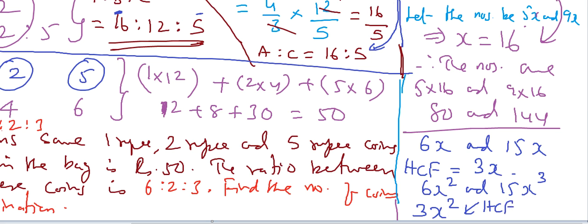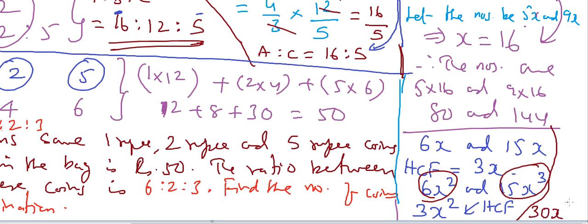For LCM, you should take the highest power. For example, LCM of 6x square and 15x cube: LCM of 6 and 15 is what? It's 30, isn't it? And here x cube.